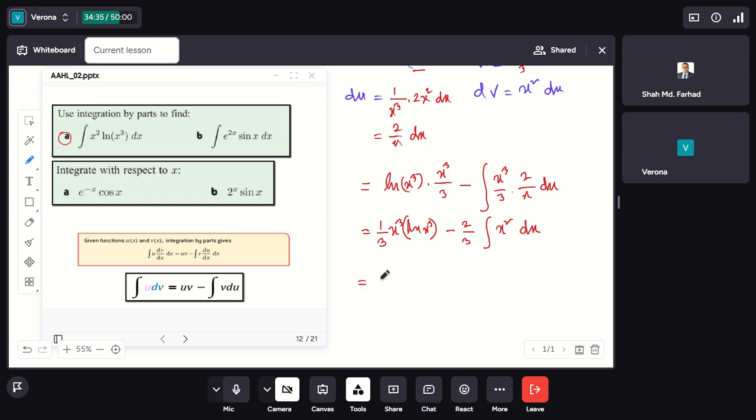So 1 over 3 x cube ln x cube, and then negative 2 over 3, and here x cube over 3, right? So it will be 9 x cube plus c.